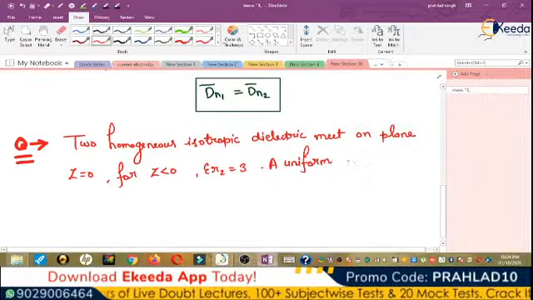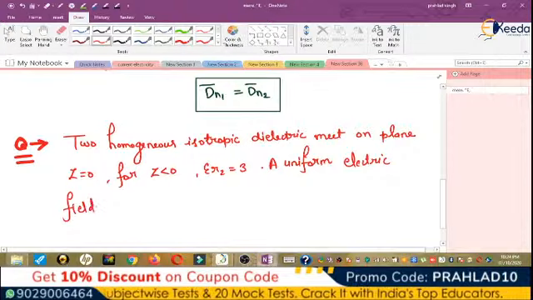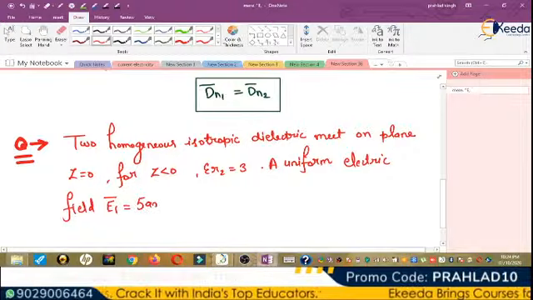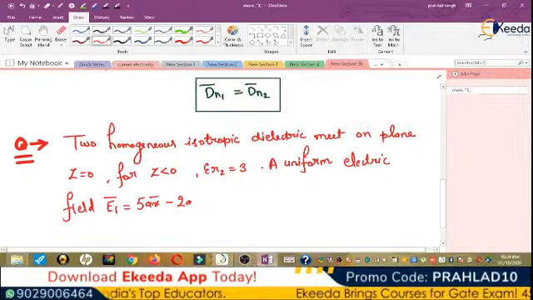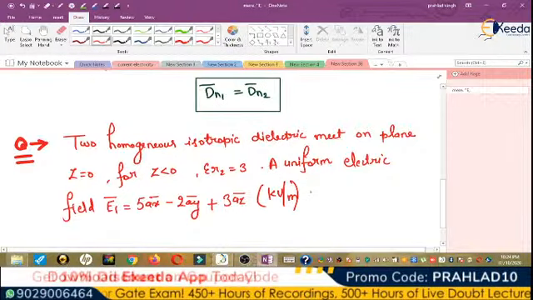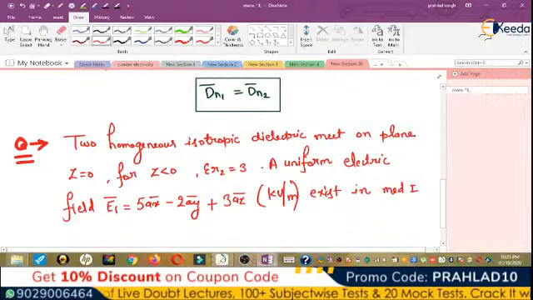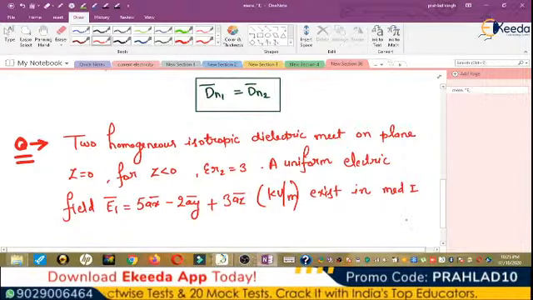A uniform electric field E1 is equal to 5ax minus 2ay plus 3az kilovolt per meter exists in medium 1, then calculate E2 for z less than or equal to 0.